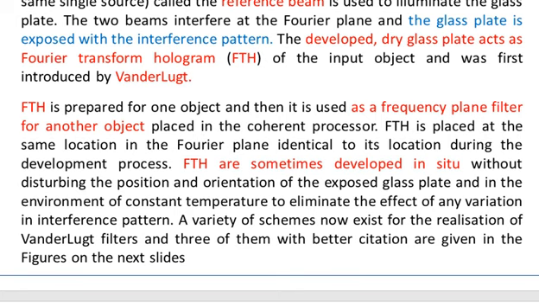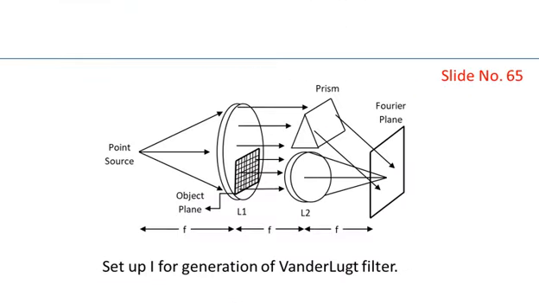Fourier transform holograms are sometimes developed in situ, without disturbing the position and orientation of the exposed glass plate, and in an environment of constant temperature to eliminate the effect of any variation in the interference pattern. A variety of schemes now exist for the realization of van der Lugt filters, and three of them with better citations are given in the figures on the next slide.